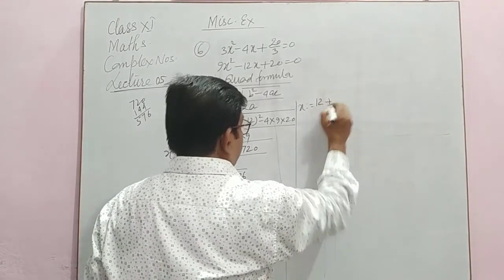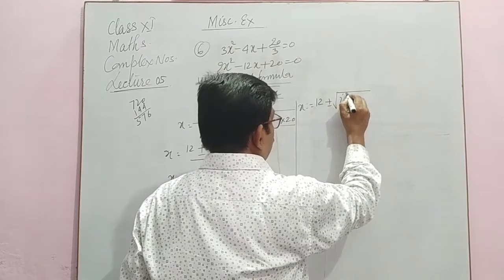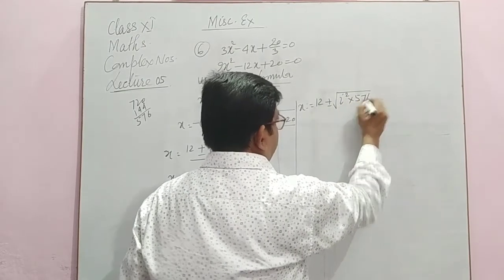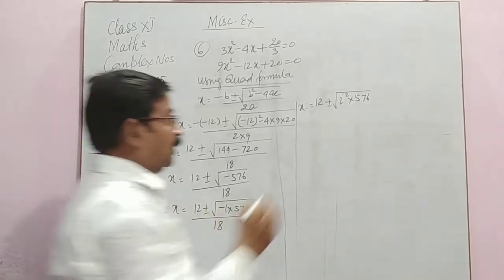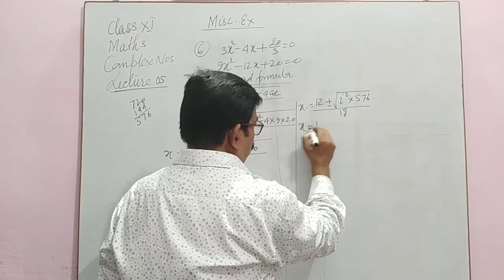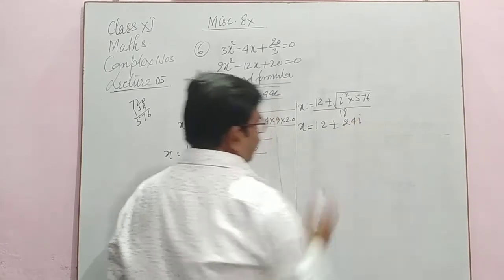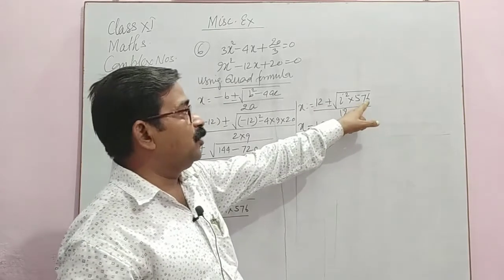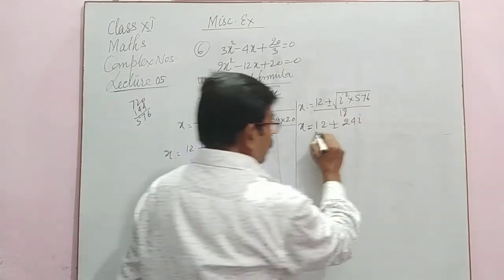I can write i square into 576, because minus 1 is i square. Taking the square root, x is equal to 12 plus minus 24i upon 18, since the square root of 576 is 24 and the square root of i square is i.